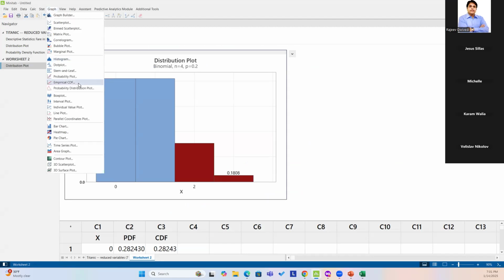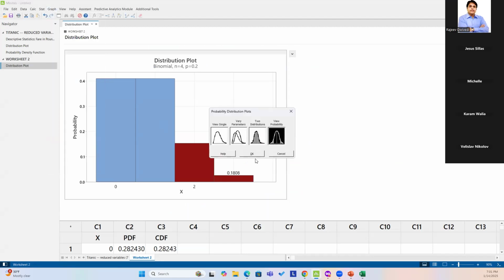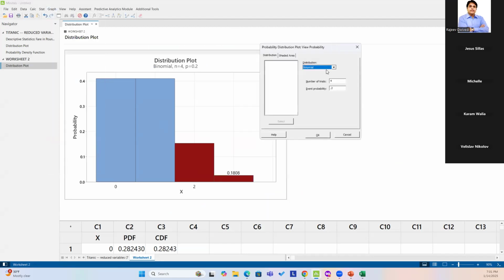I go to graph, probability distribution, and select Poisson right here, with lambda 1.7.